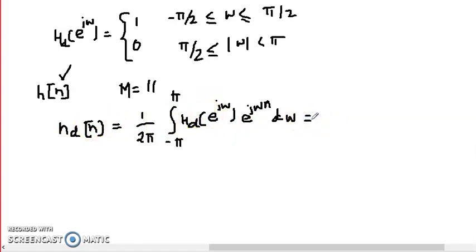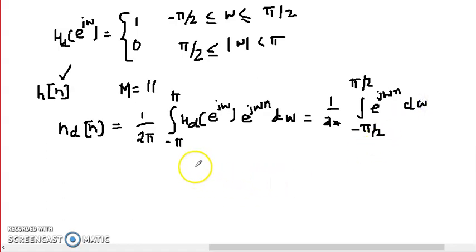When we substitute the given value, since it is non-zero only between minus pi by 2 and plus pi by 2, we integrate e^(j omega n) d omega over that range.